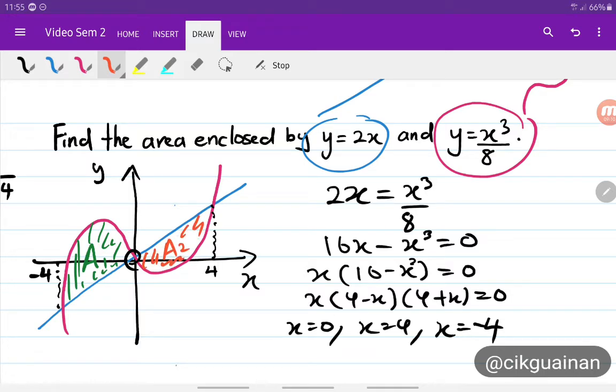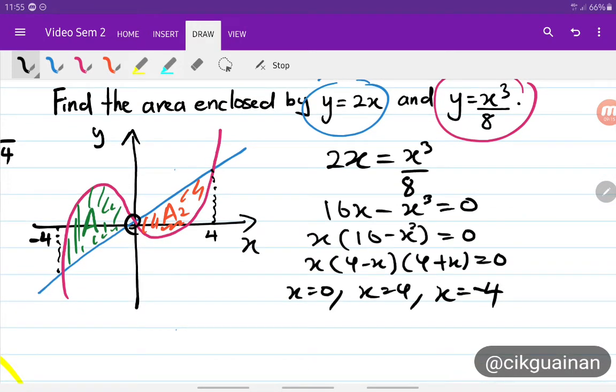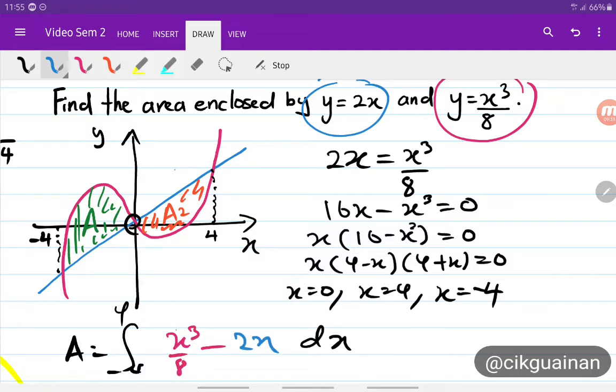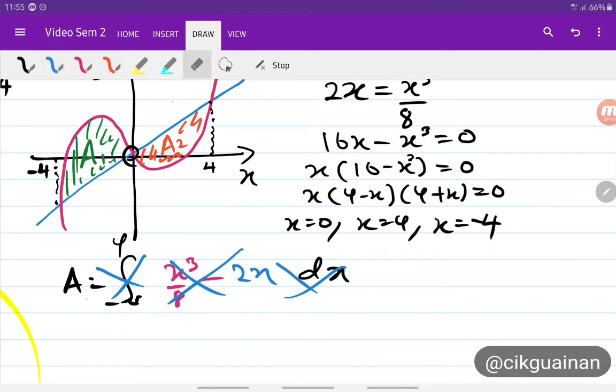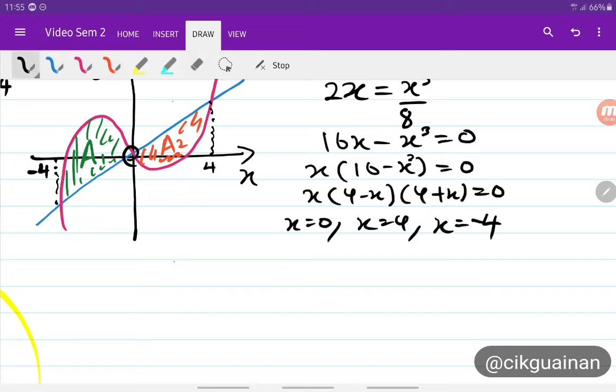As you can see, A1 and A2 have different functions, as their upper curve and lower curve are very different for each of them. That is why we cannot just find from minus 4 to 4 with respect to x, where we see the red one is on top, so we just find x cubed over 8 minus the blue one, 2x, from minus 4 to 4. This is wrong. So we have to separate them. Let's do it separately.